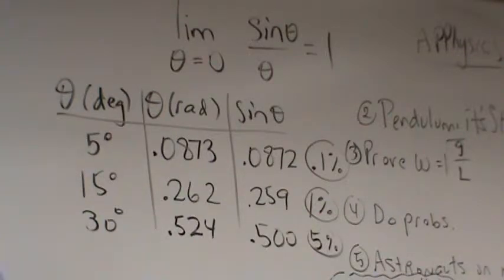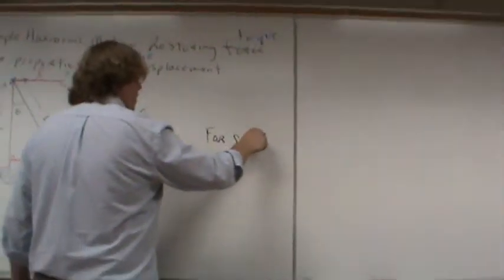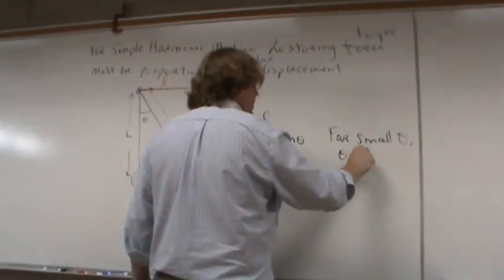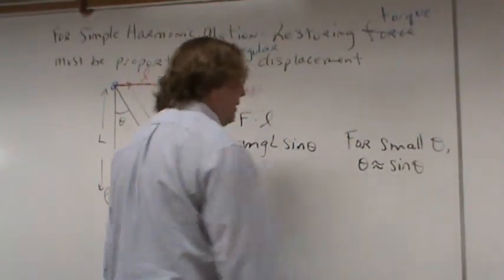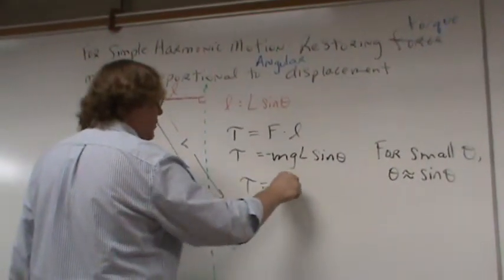So I'm going to actually make that substitution. I'm going to say for small angles of theta, for small theta, theta is approximately equal to the sine of theta. And so I'm going to make that substitution.